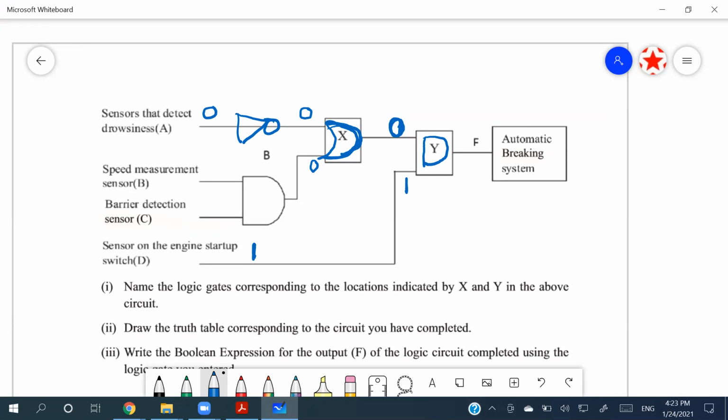Right? So if we think about the automatic braking system situation, we can say it like this.